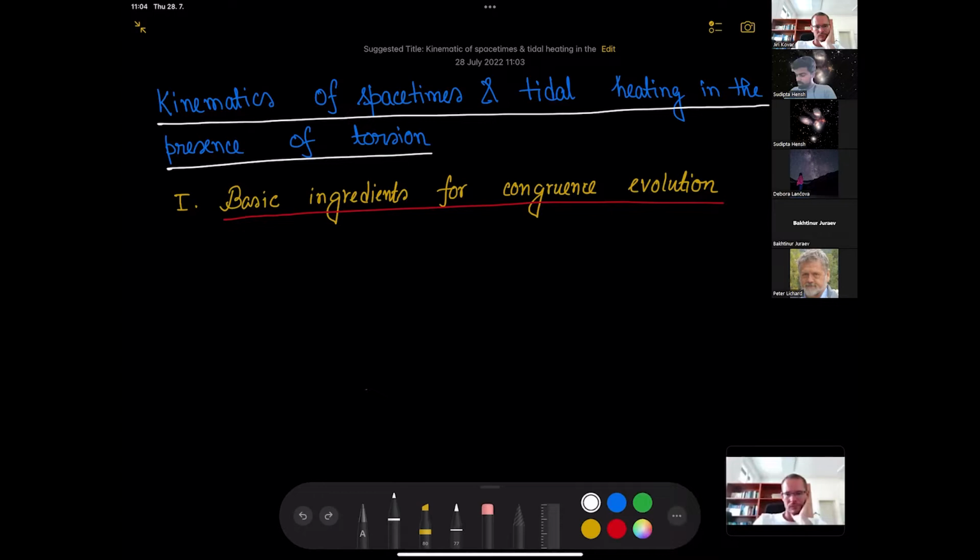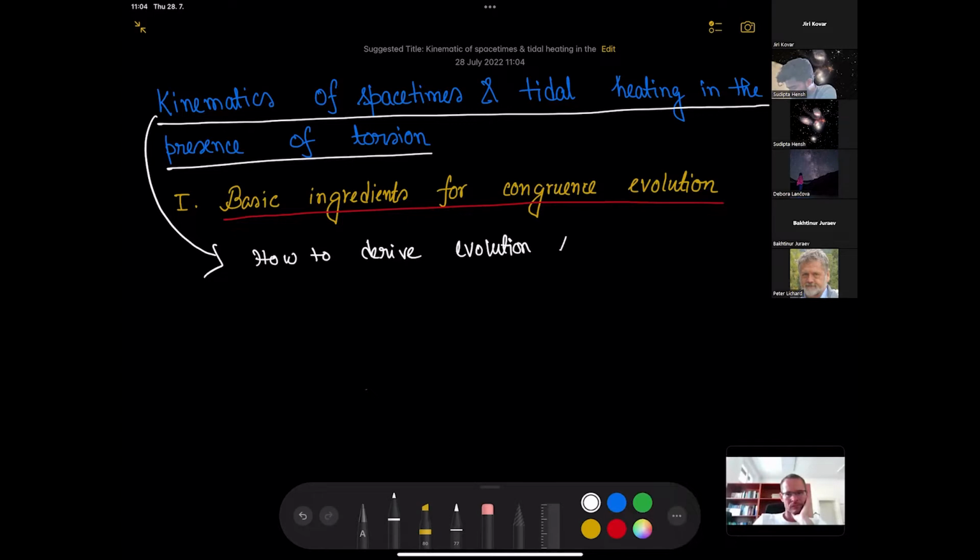First is kinematics, and here we will slowly learn how to derive the congruence evolution equations. We will cover both time-like and null concepts.